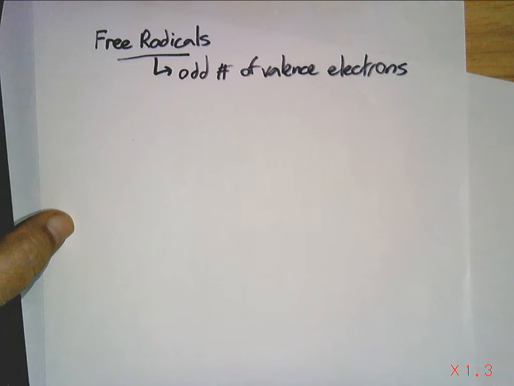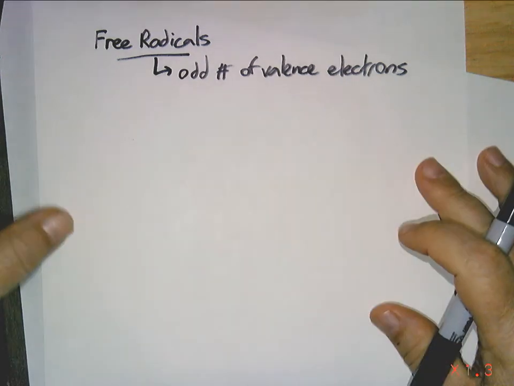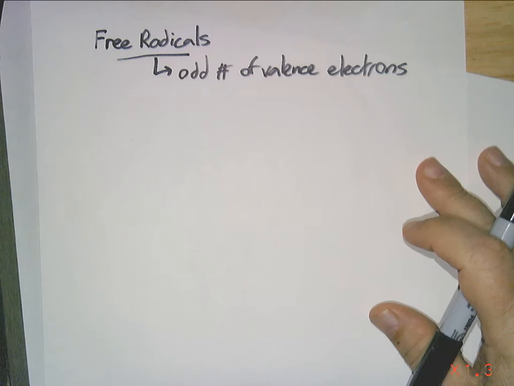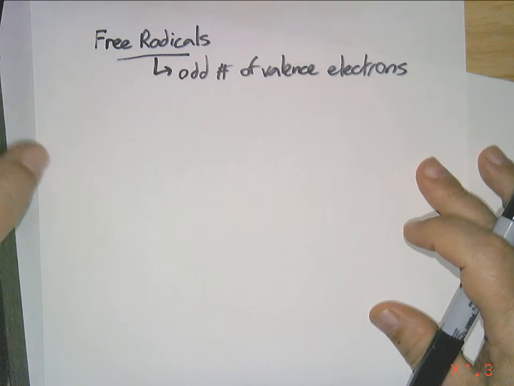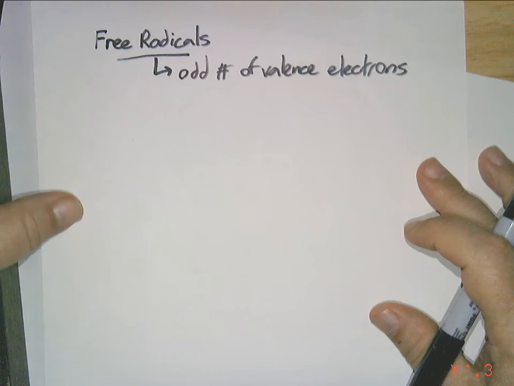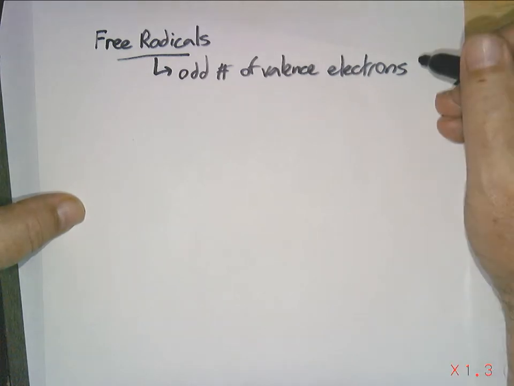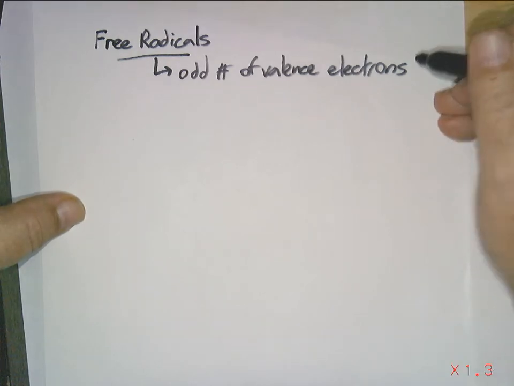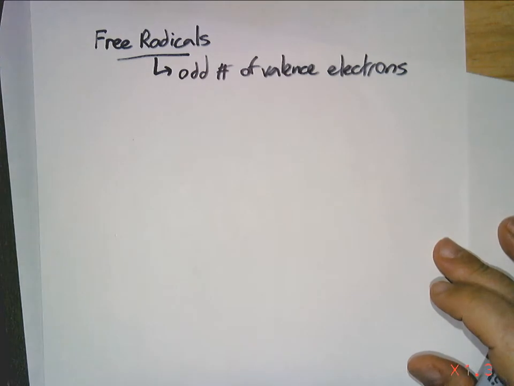They cause chain reactions that can cascade through the body. There's a whole branch of biology now called free radical biology that studies the role of these types of molecules in biological processes. So what we're doing here is a foundation for that.